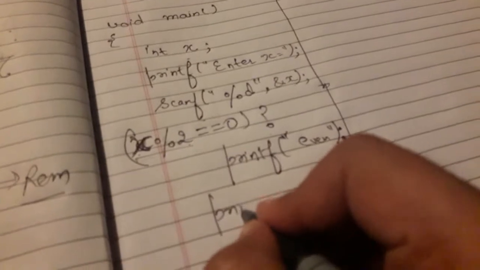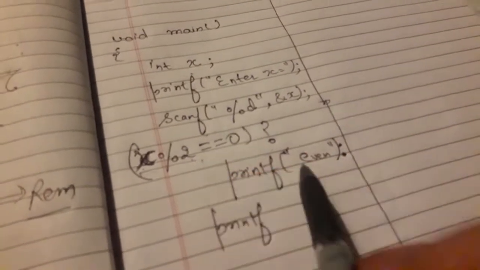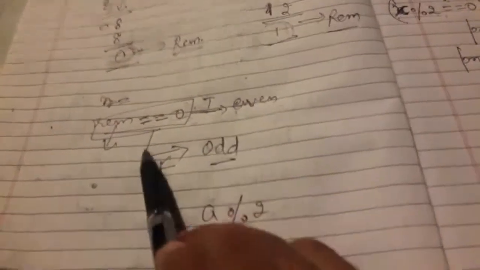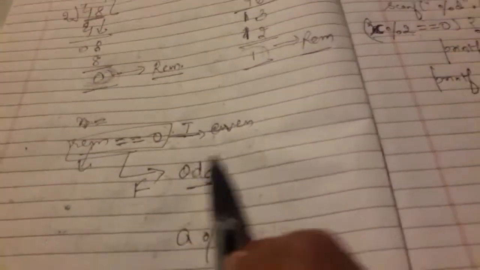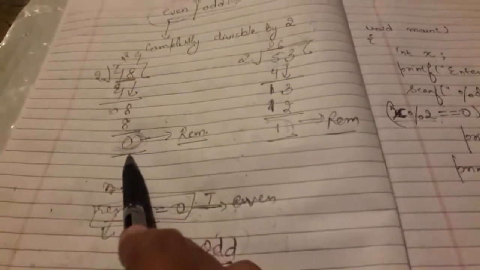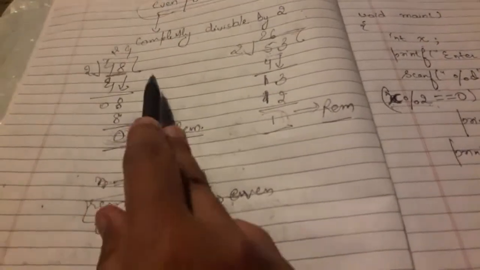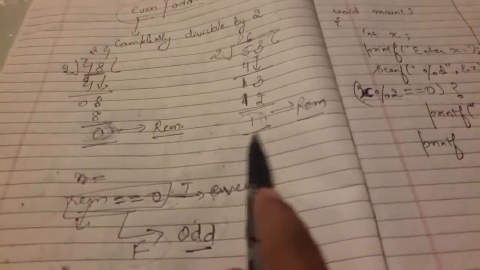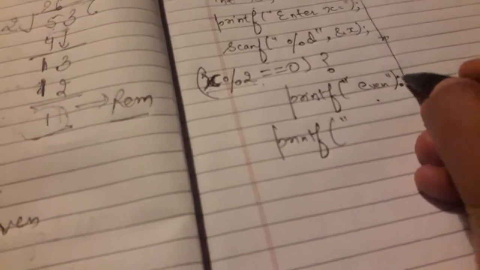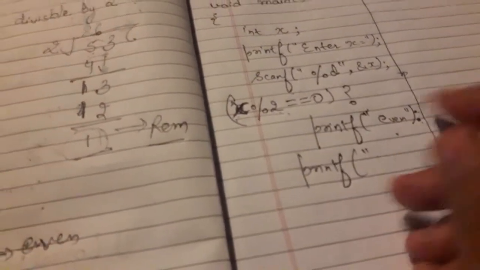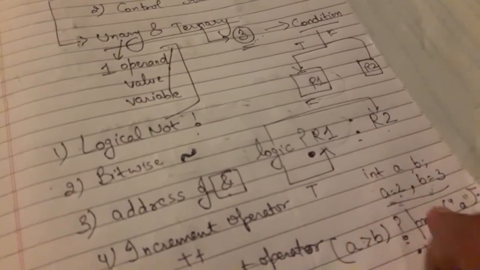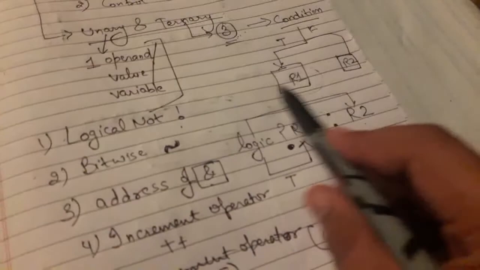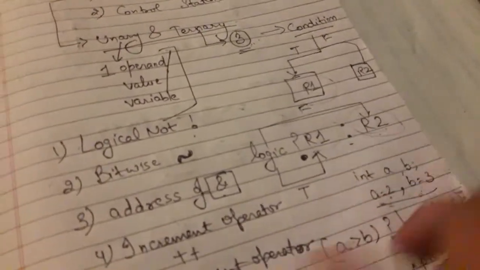and then printf. If this is true, then even. If false, then odd. After the colon is the false result, as I told you. When it is false, then this result will print.